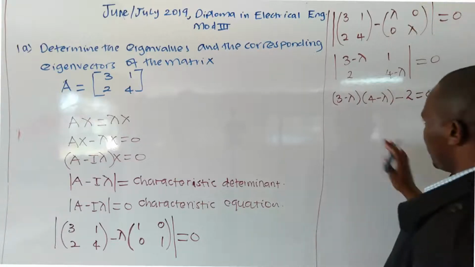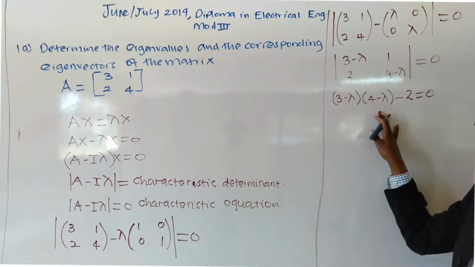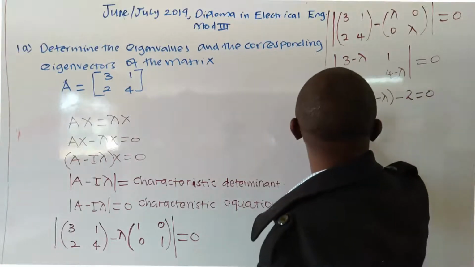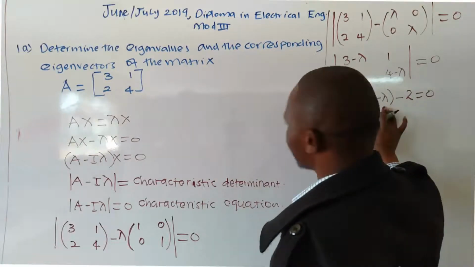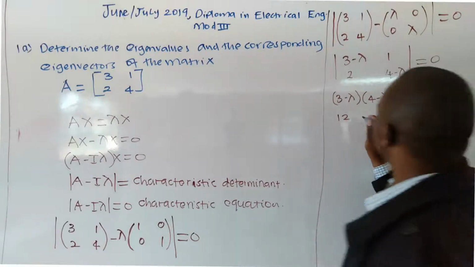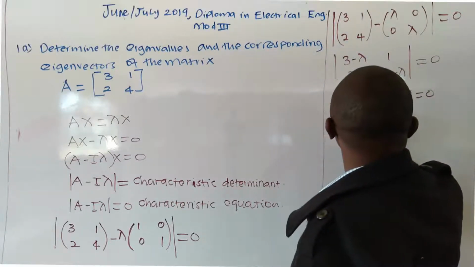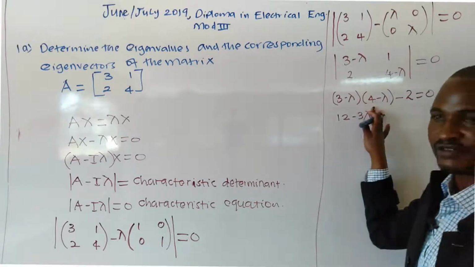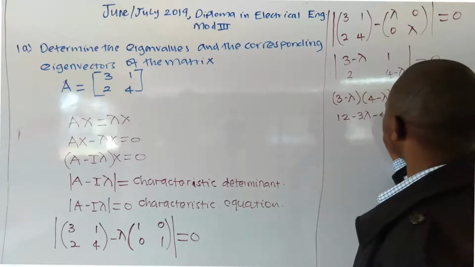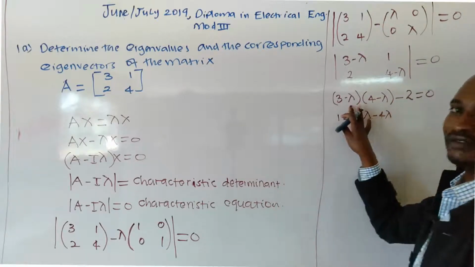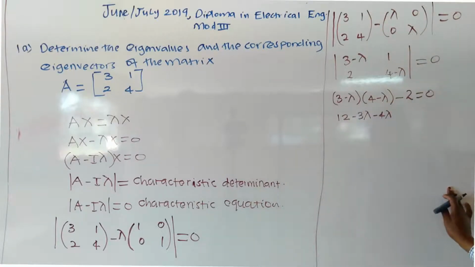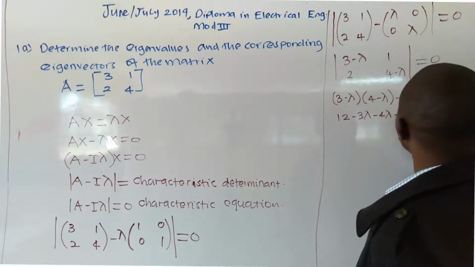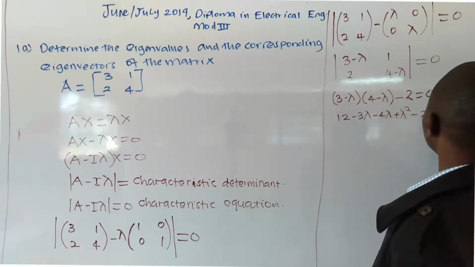If you now open this bracket or expand, we have 3 times 4 is 12, 3 times negative lambda is negative 3 lambda, negative lambda times 4 is negative 4 lambda, negative lambda times negative lambda is positive lambda squared, minus 2 is equal to 0.